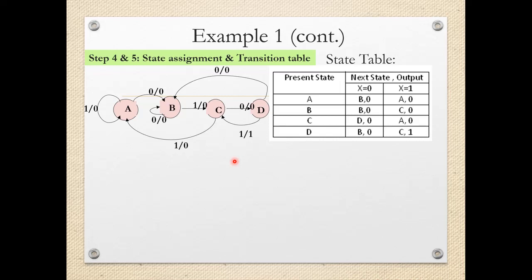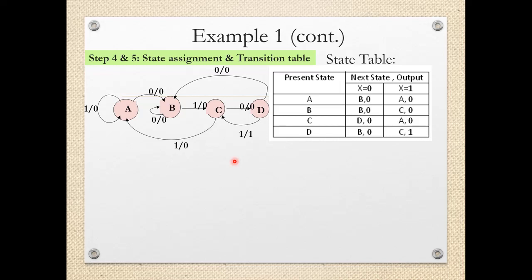So in the present state column of the state table, I will be having these 4 entries, state A, B, C and D. And the next state and the output will be written in these 2 columns. As this is a Mealy machine, we need to consider the input also and the present state also.